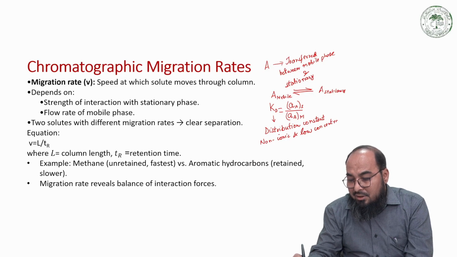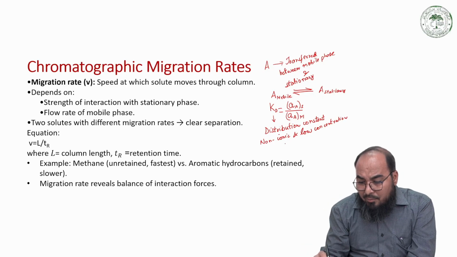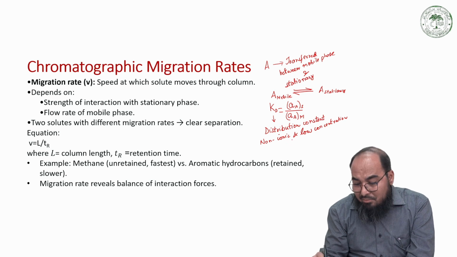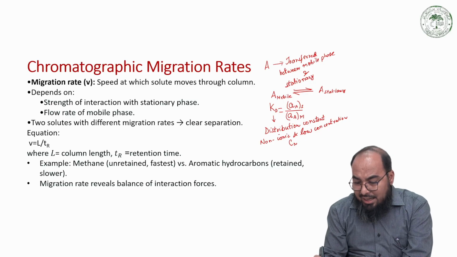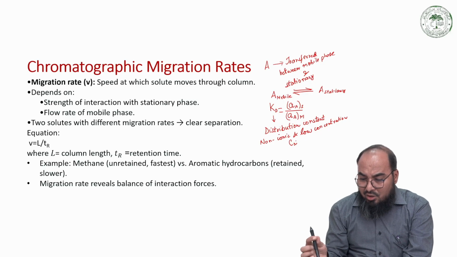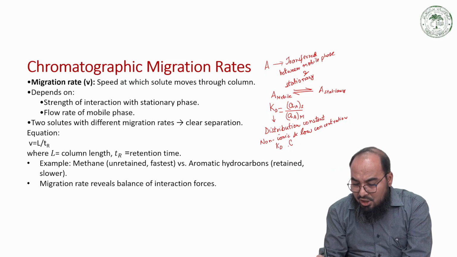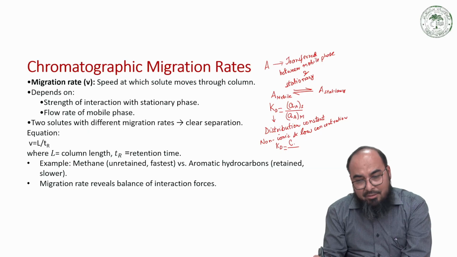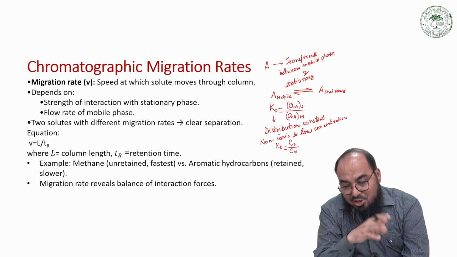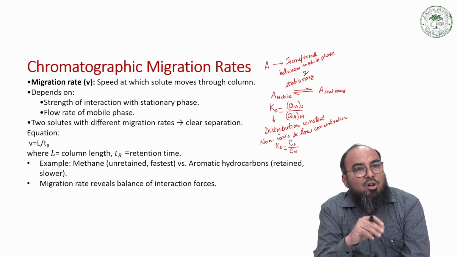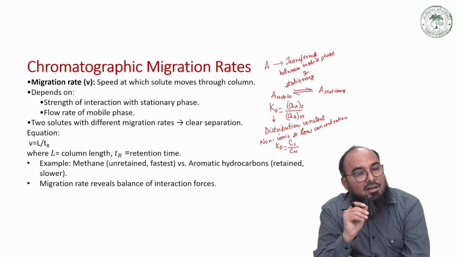Then we can replace this activity by the molar concentration. That is, we can write Kd is equal to Cs upon Cm, the molar concentration of analyte A in the stationary phase upon the molar concentration of analyte A in the mobile phase.